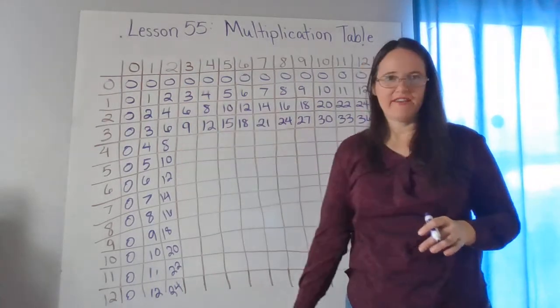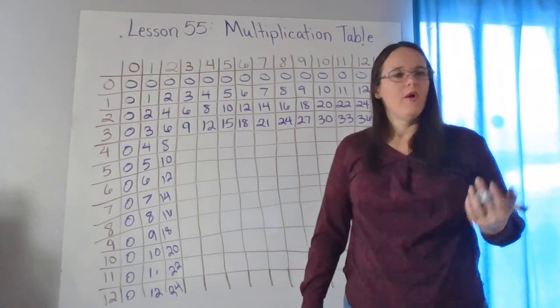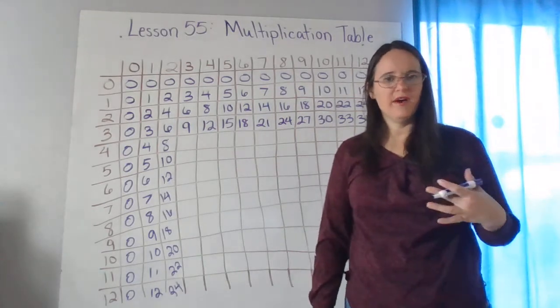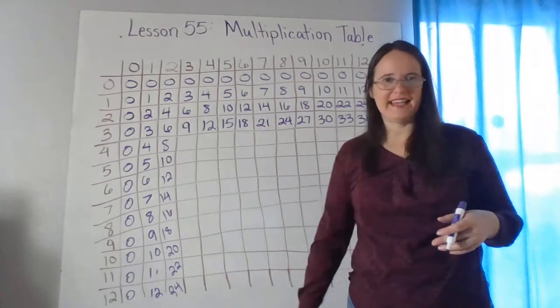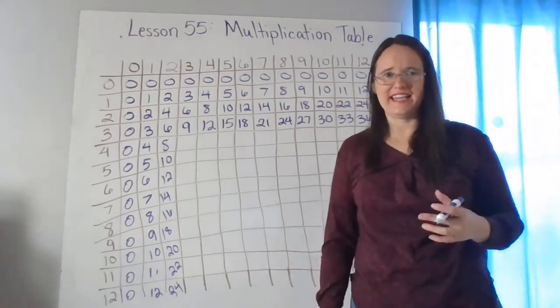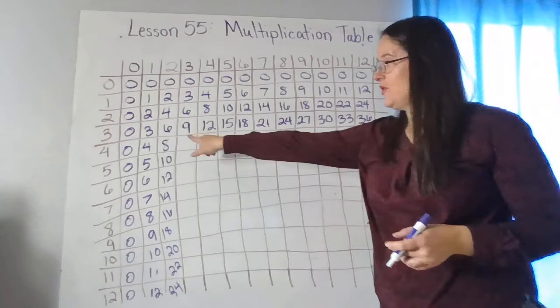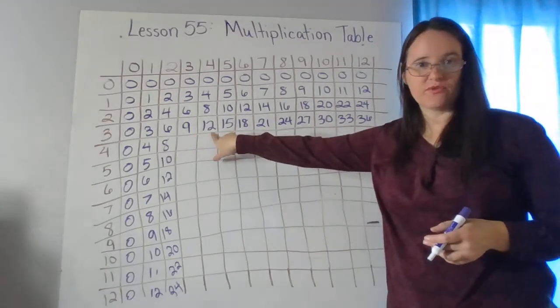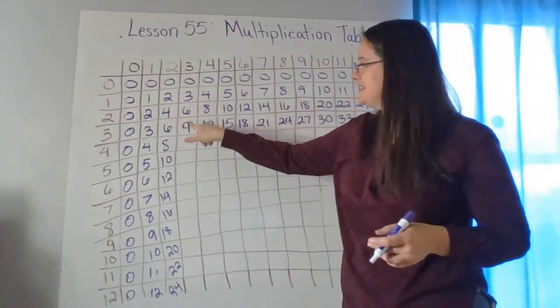You can go through and do that vertically again. But what if that was hard for you? What if maybe we're counting by sevens or eights and you're like, that's kind of difficult. I can also copy what I just wrote. I have 0, 3, 6, 9.